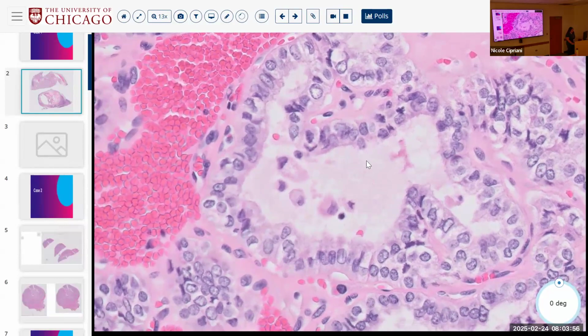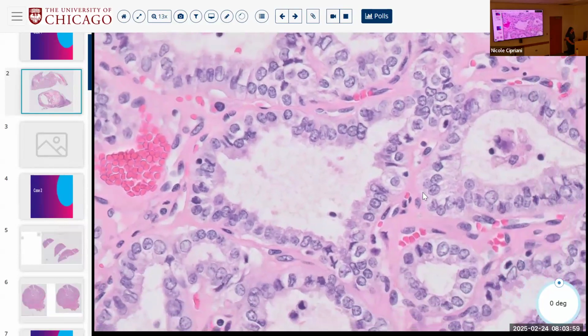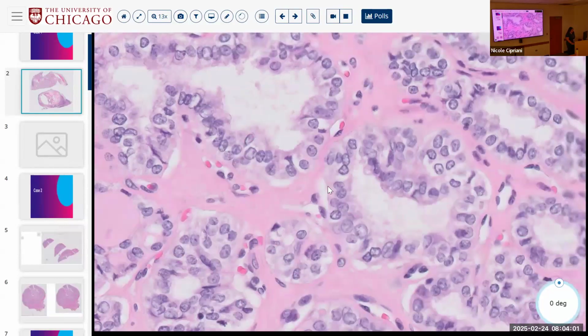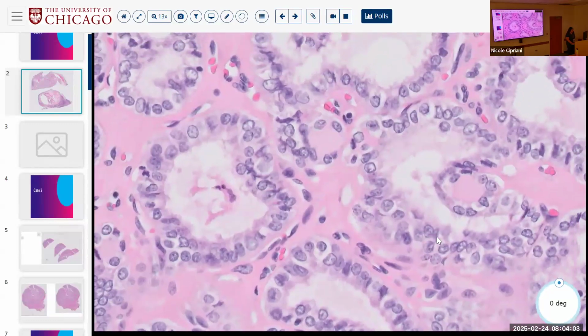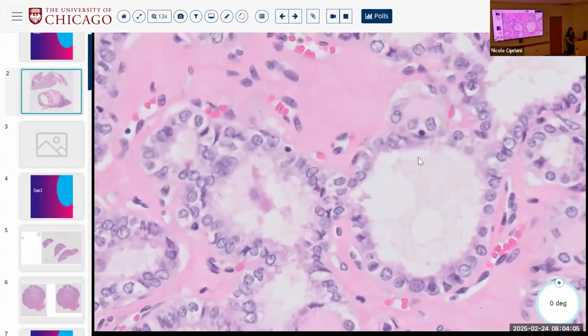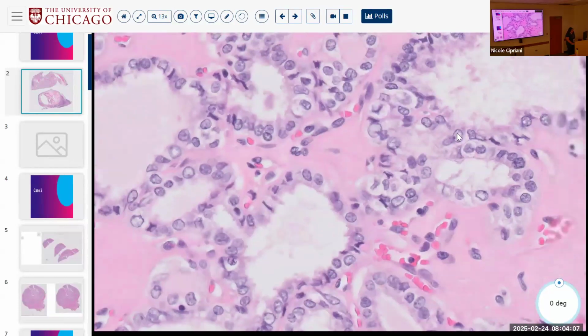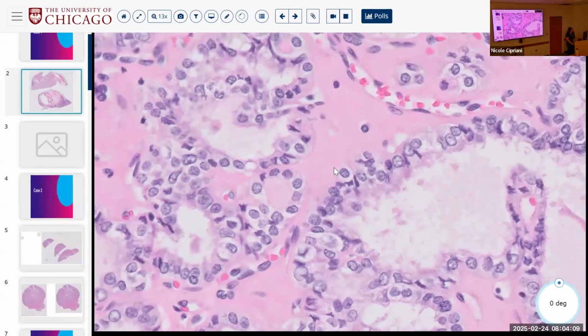Some overlapping nuclei. So I guess right now, so far, top of my differential will be PTC.